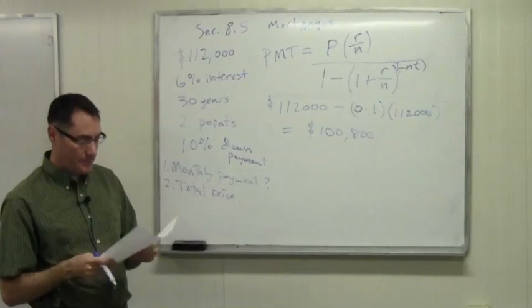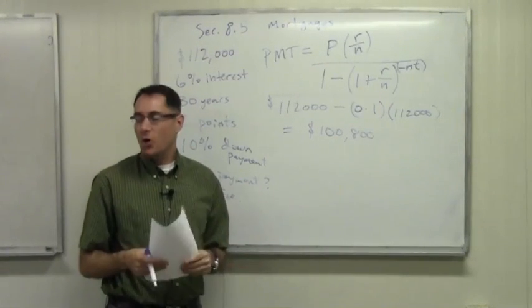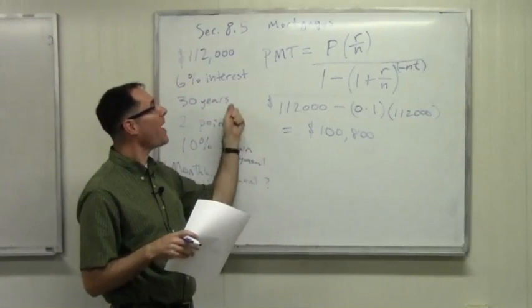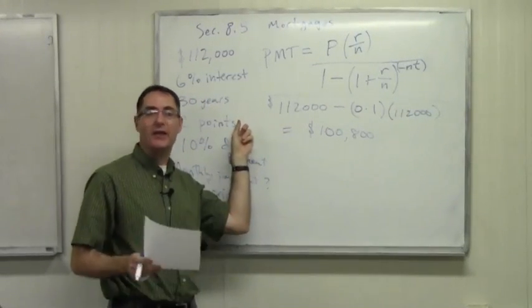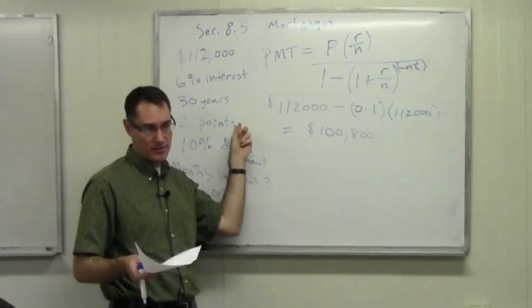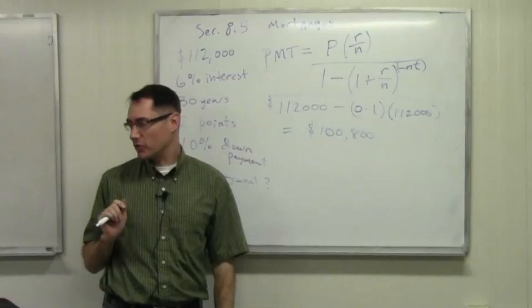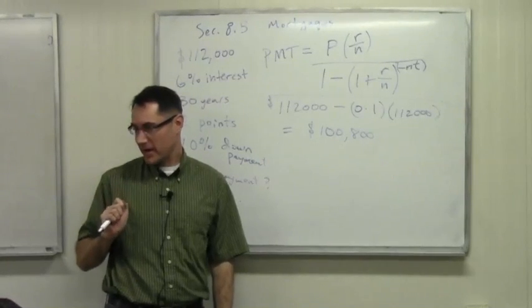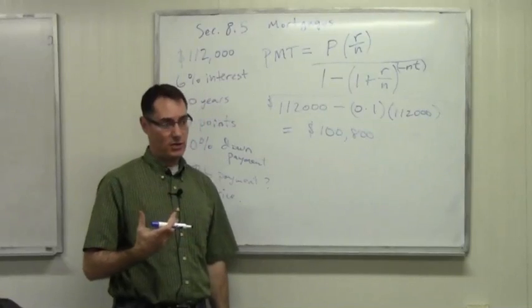Now, points is this idea of paying some of that interest up front. What it normally means is if you're going to pay points, you're going to get a lower interest rate than you would by not paying points. 1 point is worth 1% of your loan. It's an easy one to remember. 2 points is worth 2% of your loan.